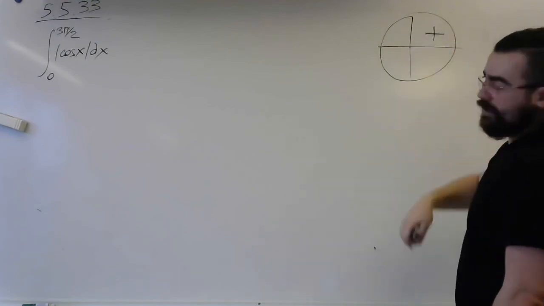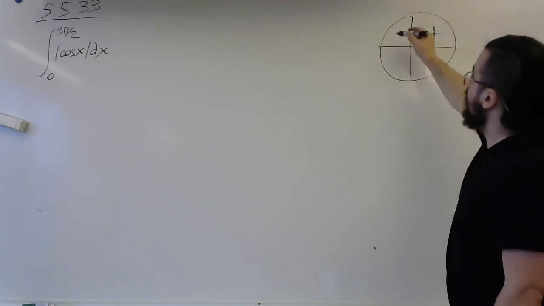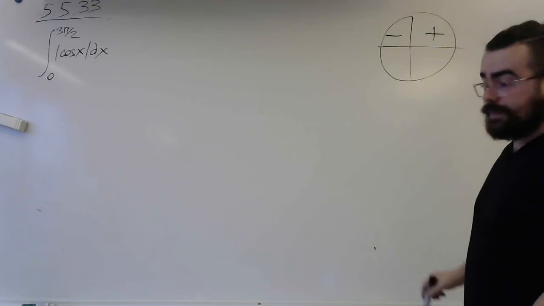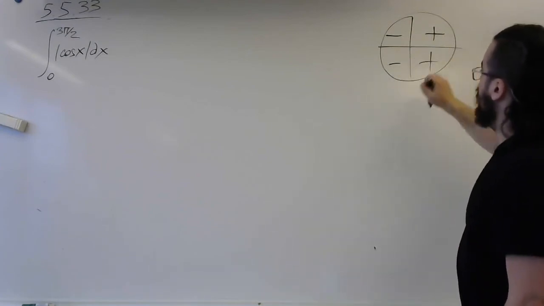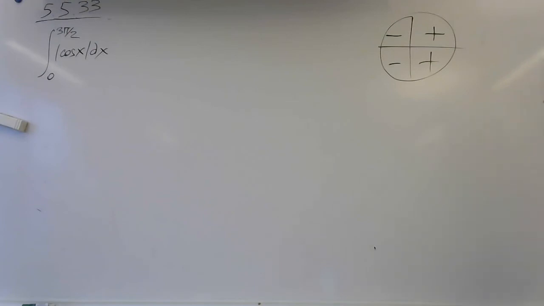The sign of the cosine is positive in the first quadrant, negative in the second, negative in the third, and positive in the fourth.